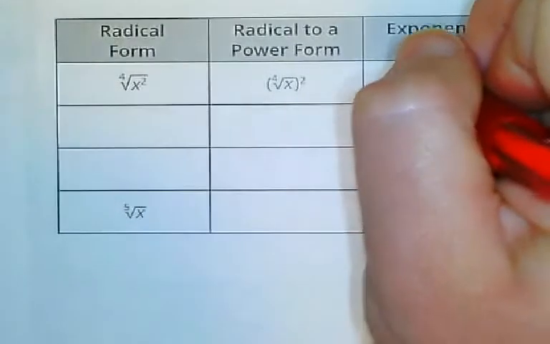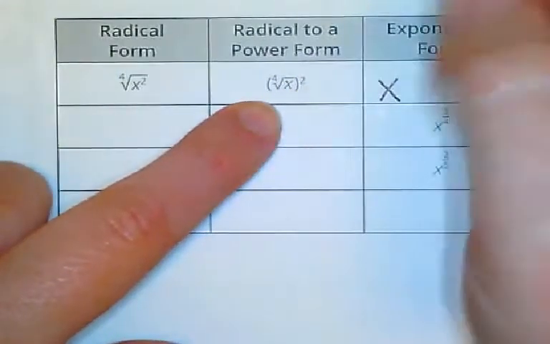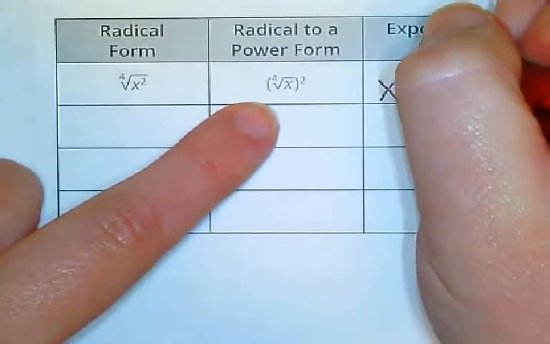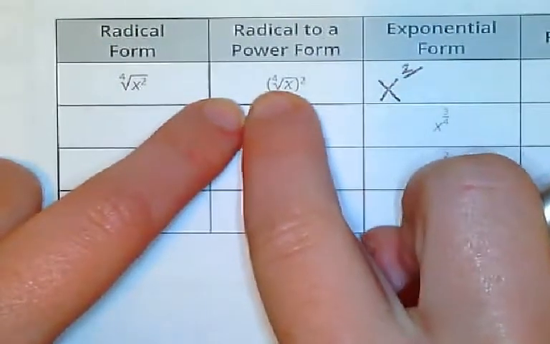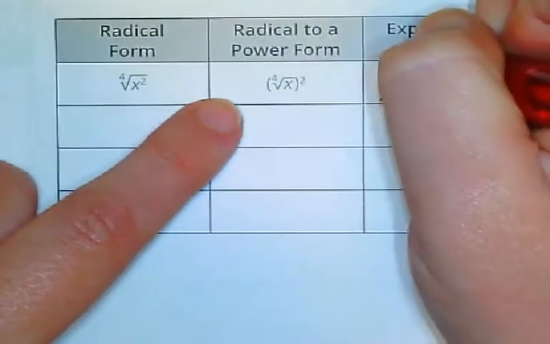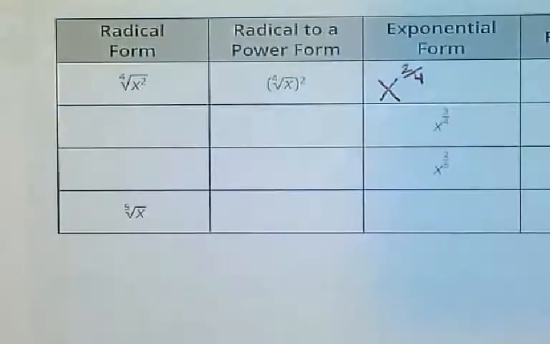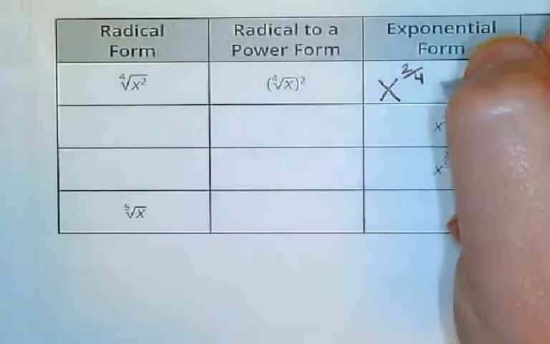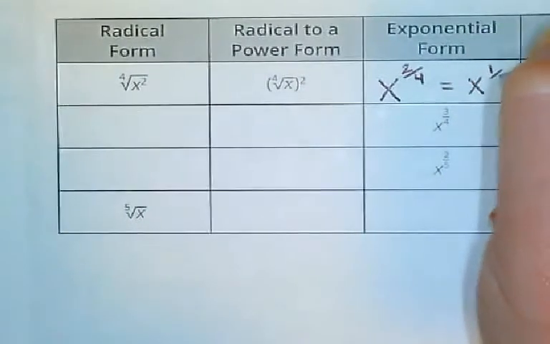If we were to put that in exponential form, we would have x, our power a goes on top, so 2 over our root of 4 goes in the denominator. So we have x to the 2/4. And a lot of you guys can simplify that, which would be really just x to the 1/2.